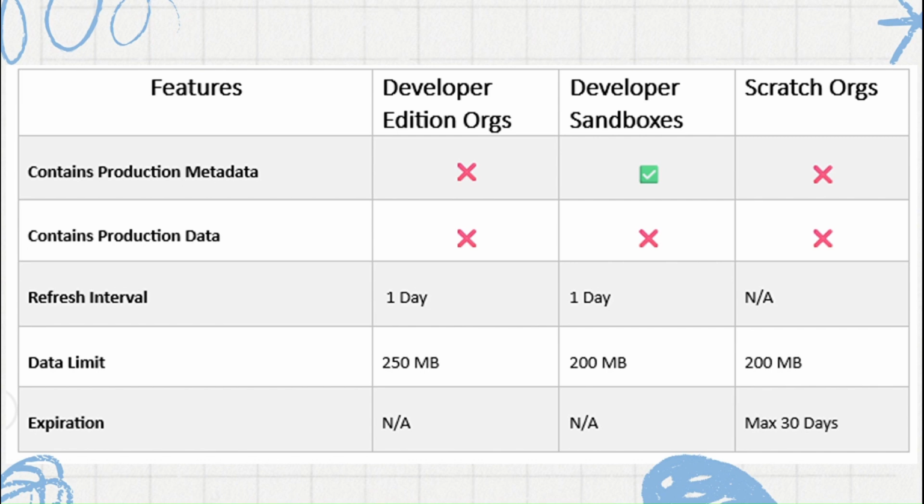Coming to expiration, developer edition has none and developer sandbox also has none, but scratch orgs expire after a maximum of 30 days.